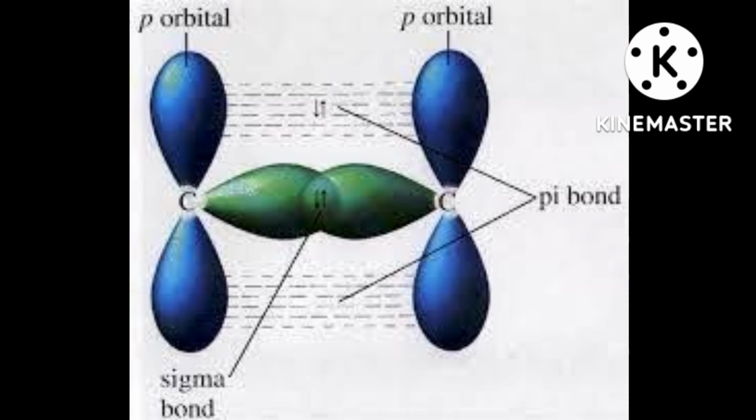Here you can understand that in both hydrogen orbitals one electron is there, but both electrons have opposite spin. One has plus half, the other has minus half. That's why both are coming close and the bond is forming.